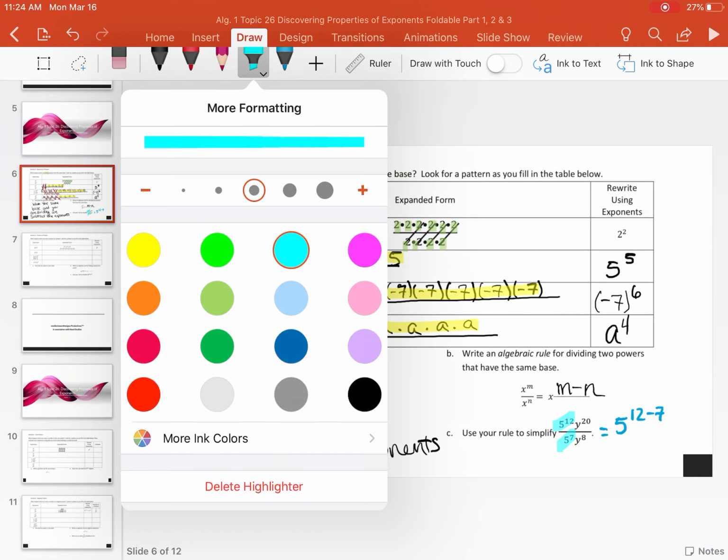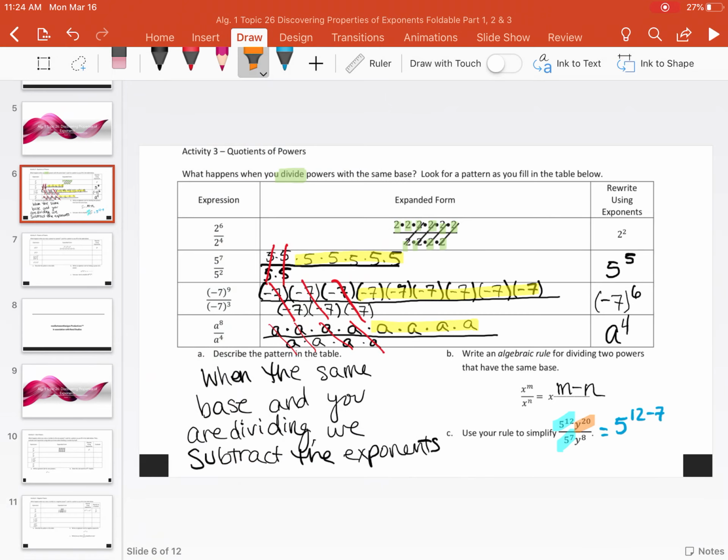And when we are dealing with y to the 20th and y to the 8th, we're going to have y to the 20 minus 8. And this is going to simplify to 5 to the 5th times y to the 12th.